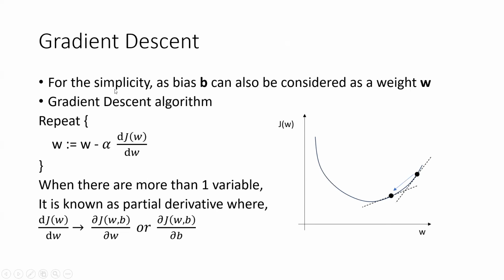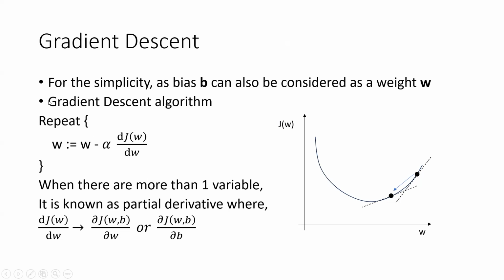For simplicity, the bias B can also be considered as a weight W. So for each W value, we try to find for which W you can get the least cost, the least J of W. If you have started here, you should move here and here until you come to the lowest cost value. That is the purpose of the gradient descent algorithm. You have to take several iterations until you come to the optimum point.